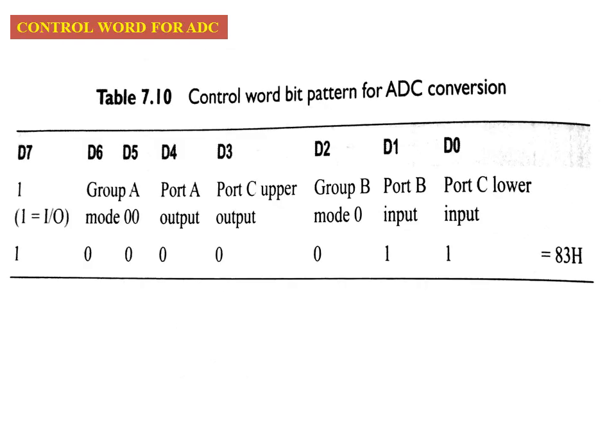Now we will see what control word is required to configure the port A, port B, port C bits of the 8255 interface unit. Why? Because using these ports only, the ADC interacts with the processor.